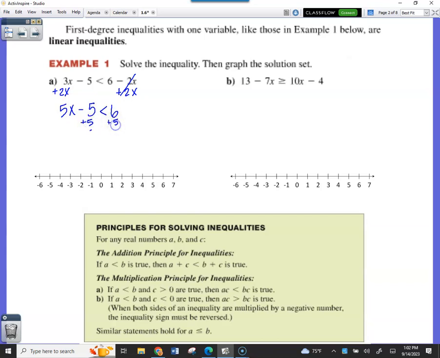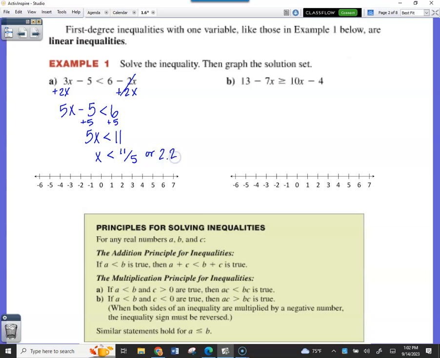I'm showing my work so you can see. Then I'm going to divide by the 5. And I'm going to leave it as 11 over 5 and then go to my calculator and see if it's a pretty decimal. 11 divided by 5. I think it's 2.2. Somebody can confirm that.